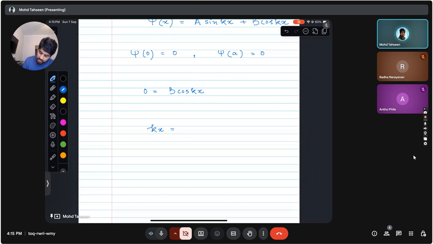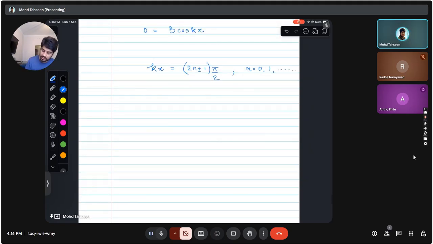So here the solution to this equation is kx equal to 2n plus 1 pi by 2, right? Where n can be 0, 1 and so on. So it should be an odd pi. Okay, and actually it should be plus minus. In both cases you will get odd pi.